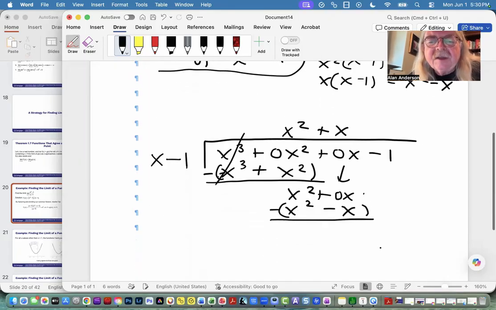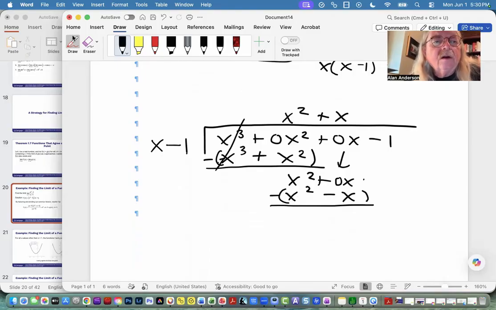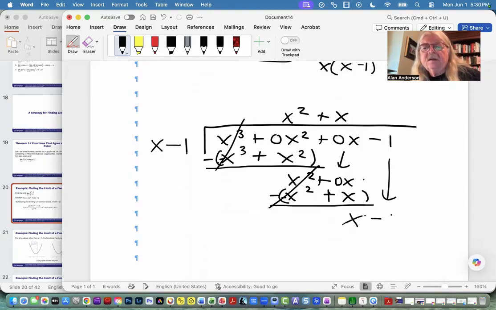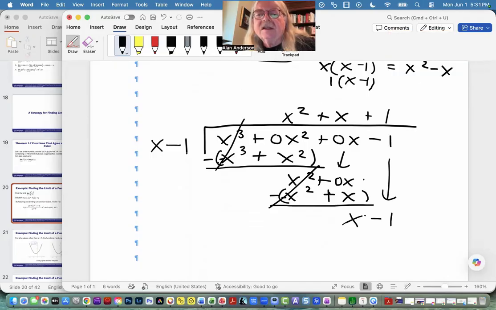And what does that leave me with? Well, the x squared and the negative x squared drop out. So remember, this now becomes a negative. This becomes a positive. I bring down the negative 1. So I put a 1, and of course, 1 times x minus 1 gives me x minus 1. That's perfect. That's what I needed.